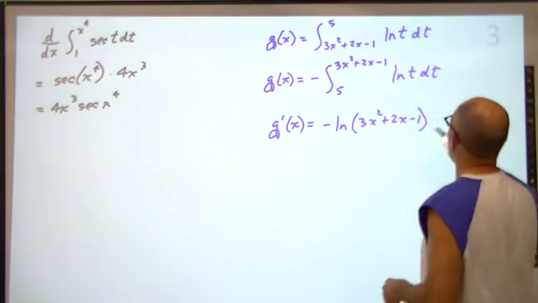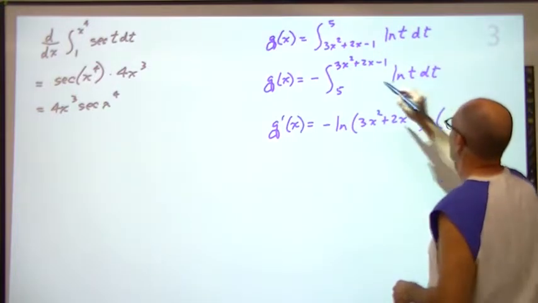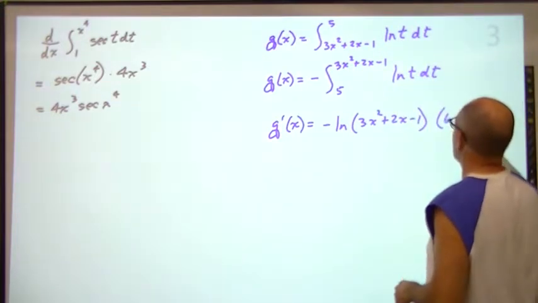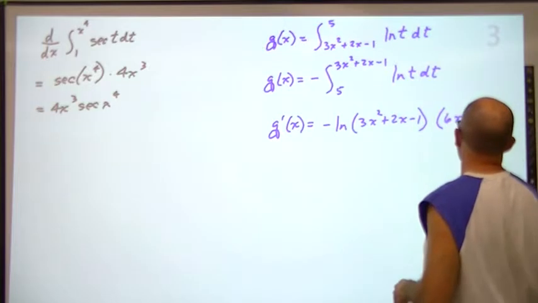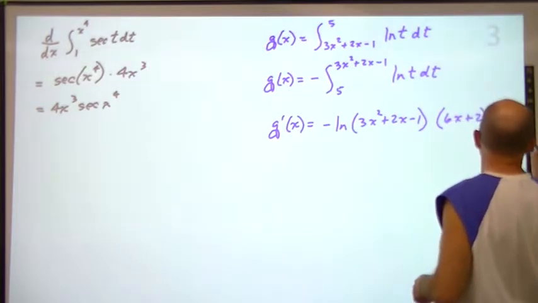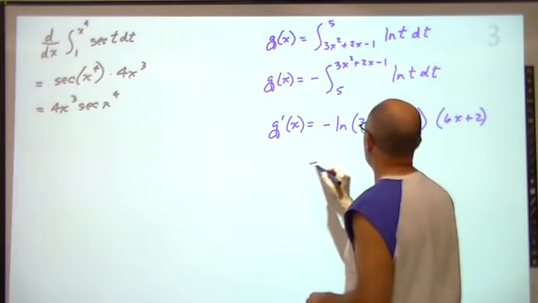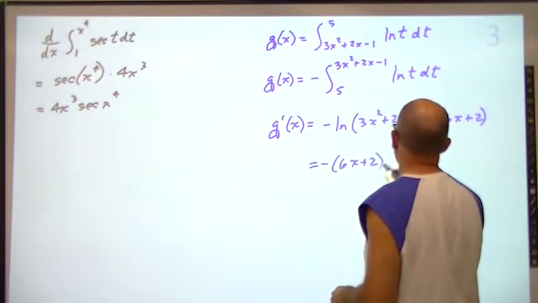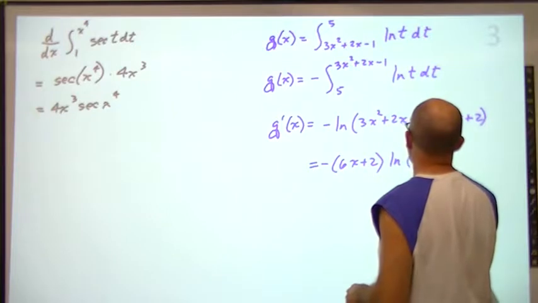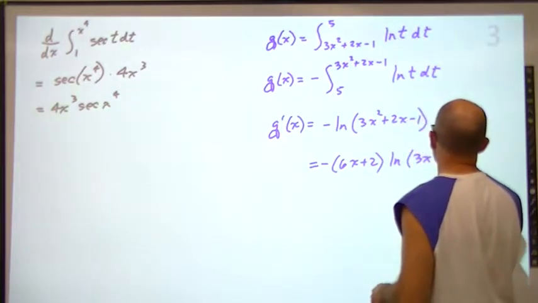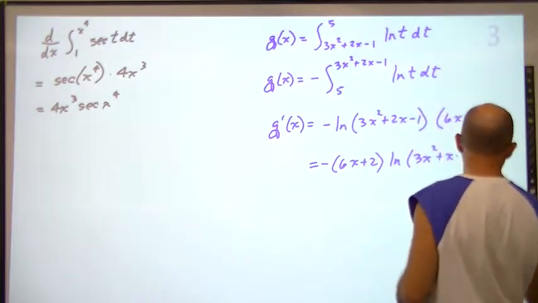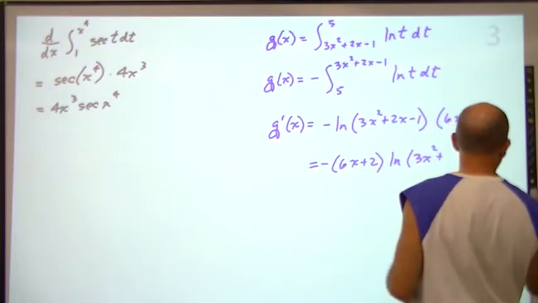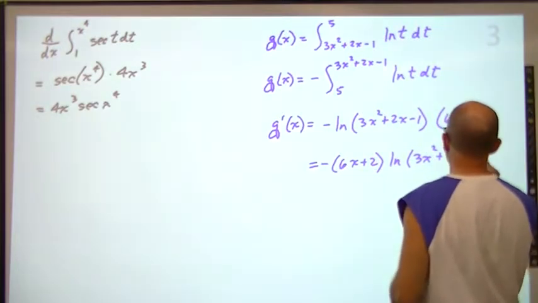So we need to multiply by the derivative, which would be 6x plus 2. So the final solution then would be negative 6x plus 2 times natural log of 3x squared plus 2x minus 1.